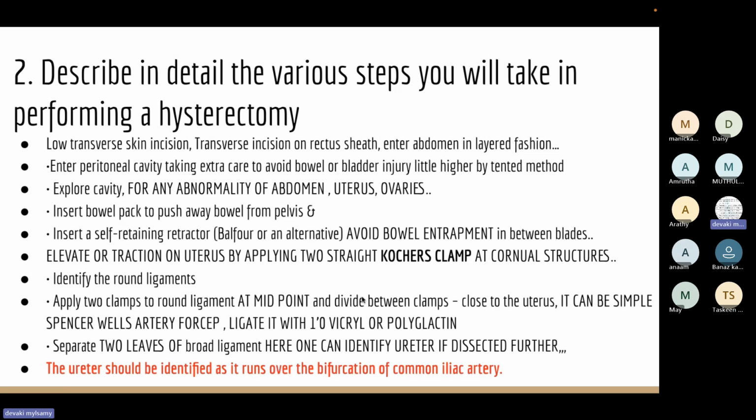Now coming to the steps of abdominal hysterectomy. Very nicely you mentioned that if the size is less than 14 weeks or 12 weeks, a Pfannenstiel incision; if more than 14 to 16 weeks, an infra-umbilical vertical incision. If it is a low transverse incision, either Pfannenstiel or Joel-Cohen, the abdomen will be opened in layered fashion.